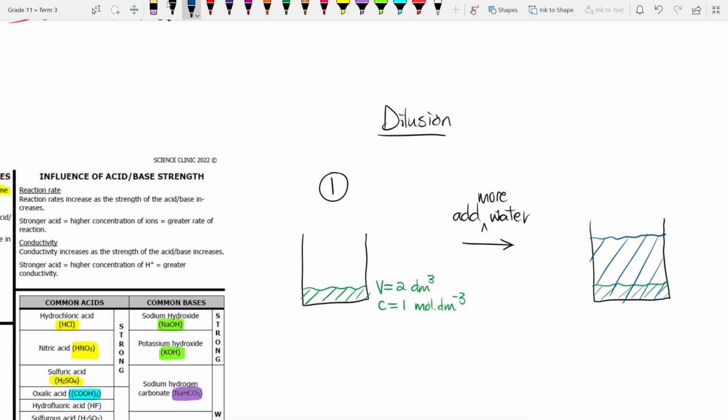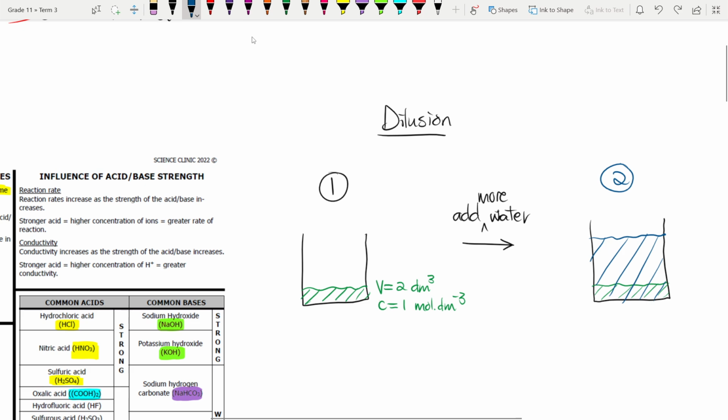So at this point, state number 2, we know that definitely the taste is no longer going to be the same. If this was sugar, it's no longer going to be sweeter because we added more water. So in other words, we diluted it. So how can we find the new concentration or the new taste? We have to be given the volume for us to identify that.